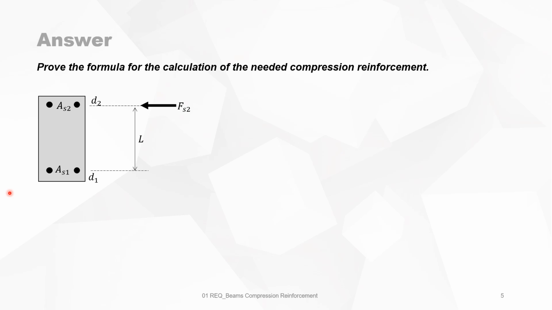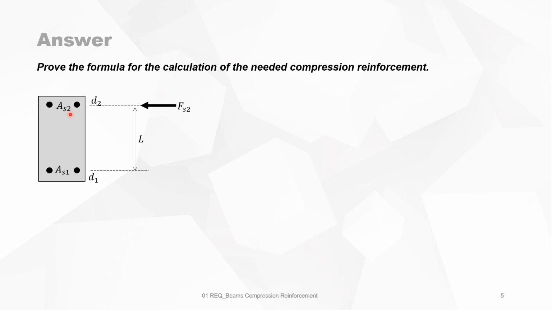Now we have to prove the formula for calculating the bending moment resistance of a section with tension and compression reinforcement. Let's look at a section with A_s1, the tension reinforcement, and A_s2, the compression reinforcement.